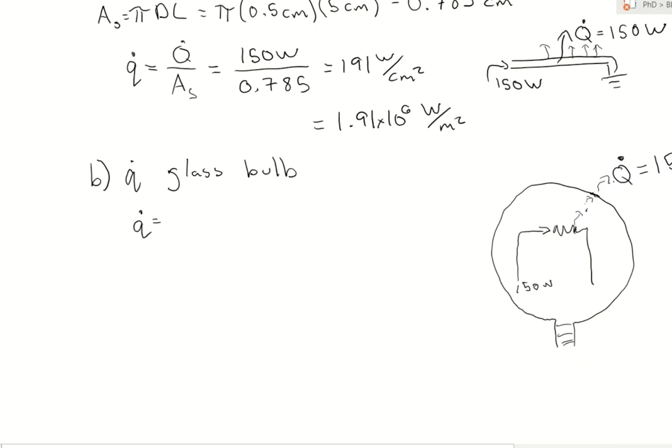So Q dot is equal to the heat flux times the area. This time we're using the area of a sphere, so the equation is slightly different, but the concept is the same.